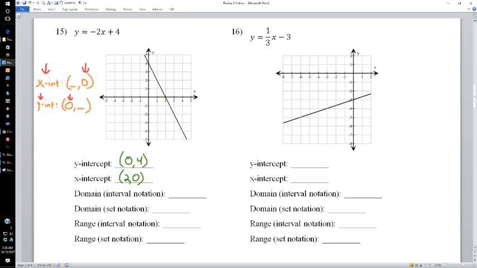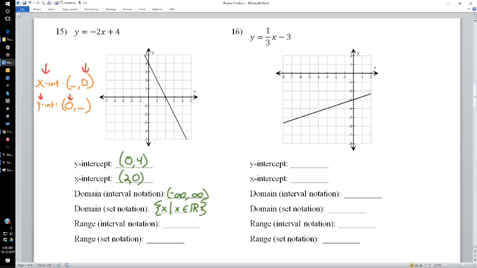The domain, if you remember your domain and range, for a line, domain is all real numbers. In interval notation, all real numbers is from negative infinity to positive infinity. To state that in set notation, remember, introduce the x. X is a subset of all real numbers. That's your domain.